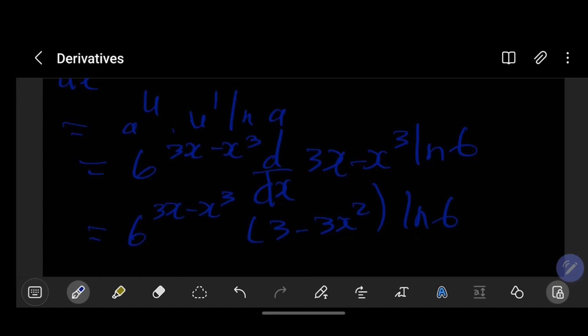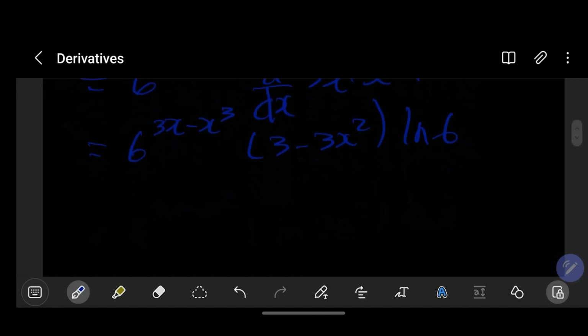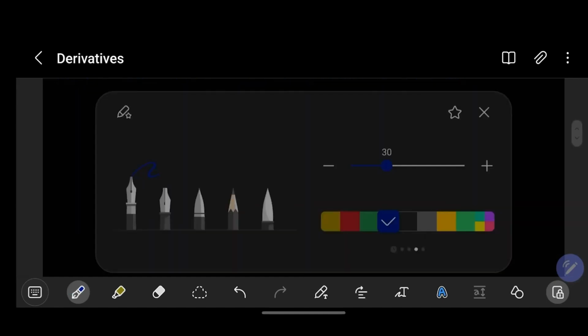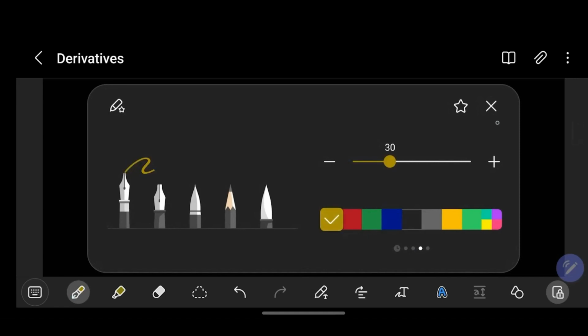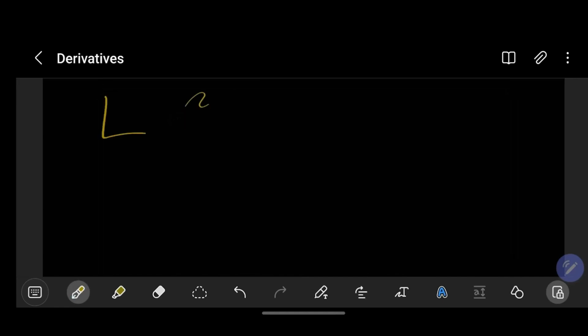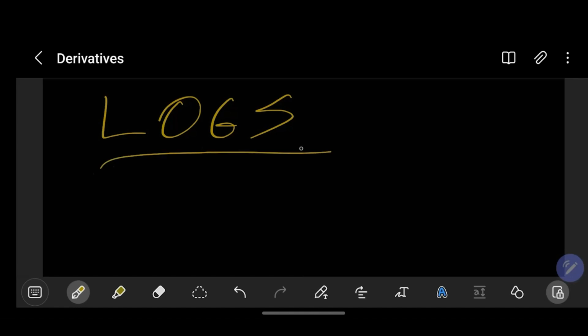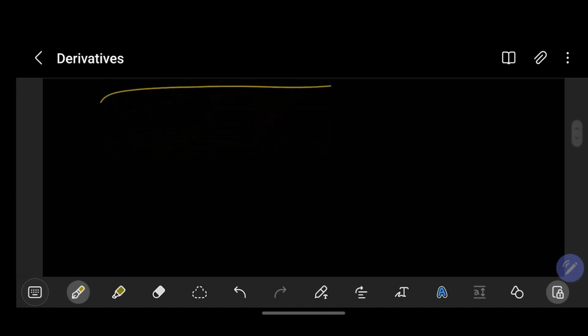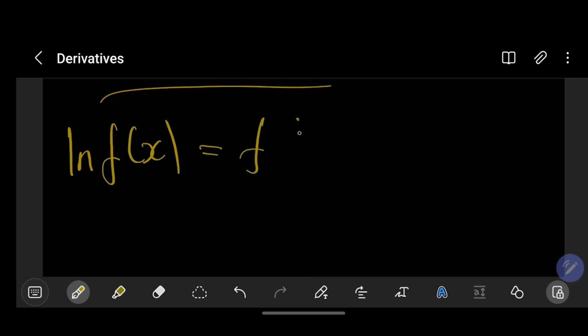so that's quite simple. Now let's go into the final bonus of this video that I wanted to take you through. That is going to be logs, right? So logs is quite important. You will get quite a few of these. So let's take the ln of f of x, and the rule is that's basically equal to f prime of x over f of x.